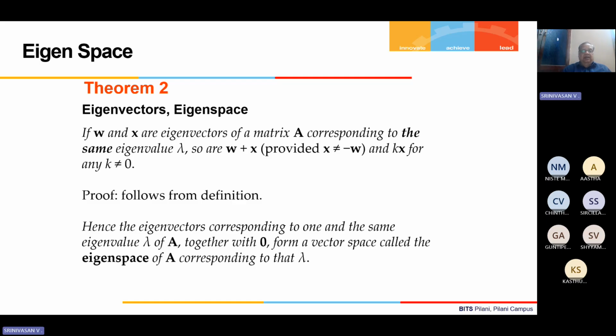Hence the eigenvectors corresponding to one and the same eigenvalue lambda of A, together with the zero vector, form a vector space. So corresponding to one and the same eigenvalue, if you are able to get 2 different eigenvectors, then they will form a vector space called an eigenspace of A, corresponding to that particular lambda.